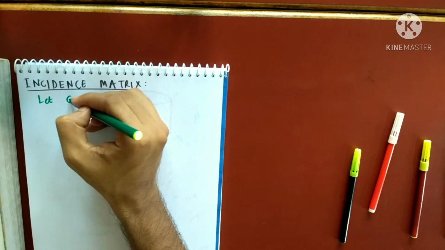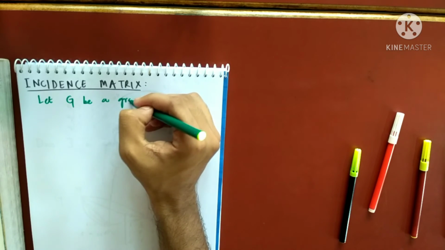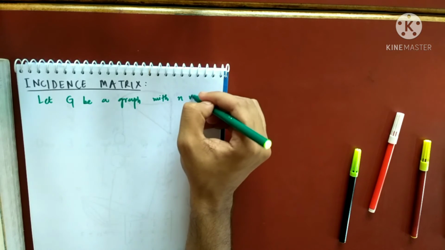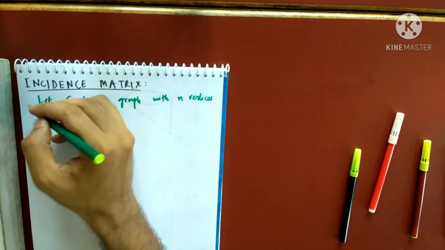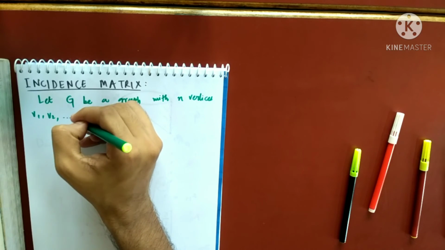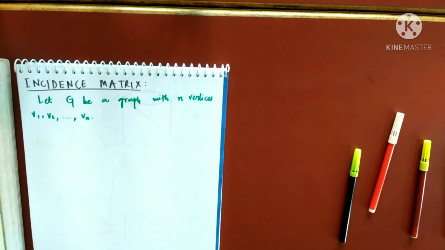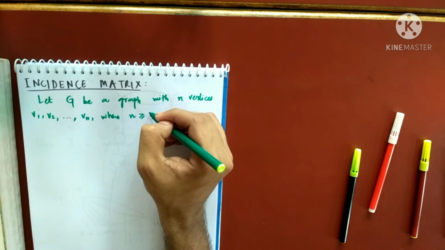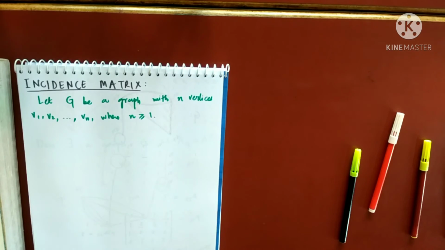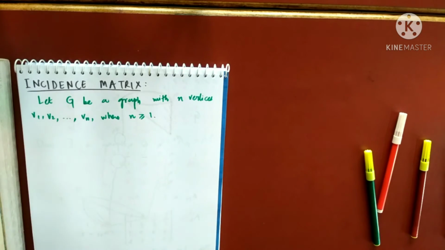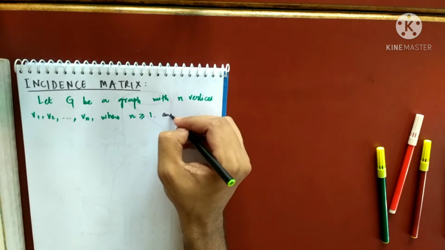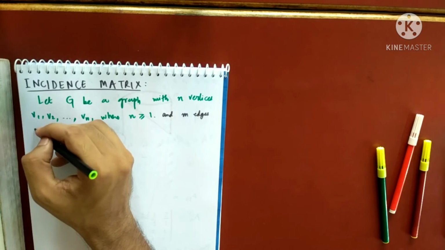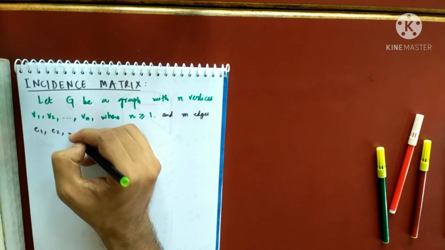So let G be a graph with n vertices v1, v2, ..., vn, where n is greater than or equal to 1, and this graph has m edges. So this time we are taking edges into consideration while drawing the graph.